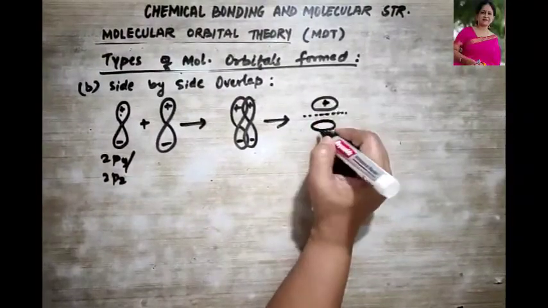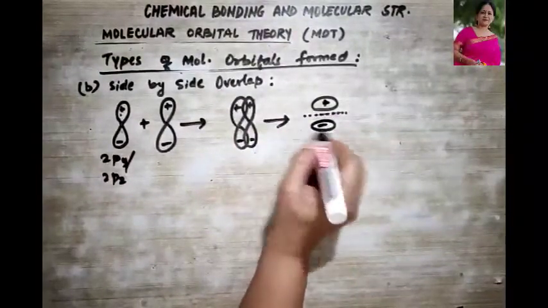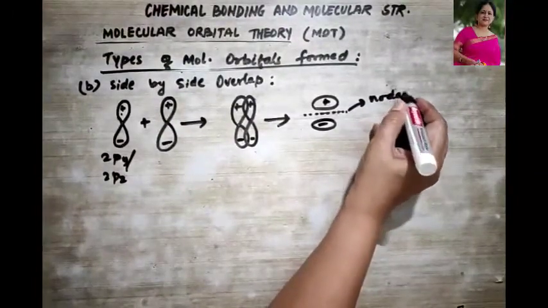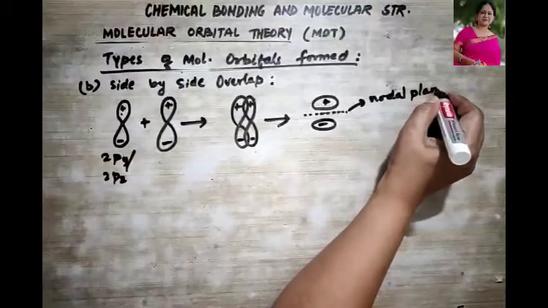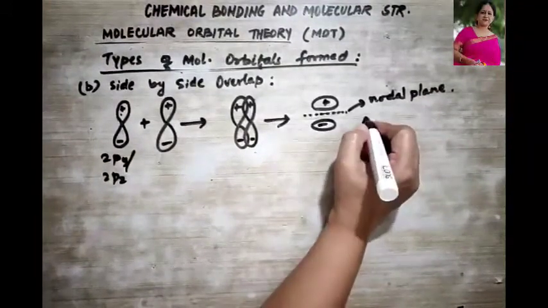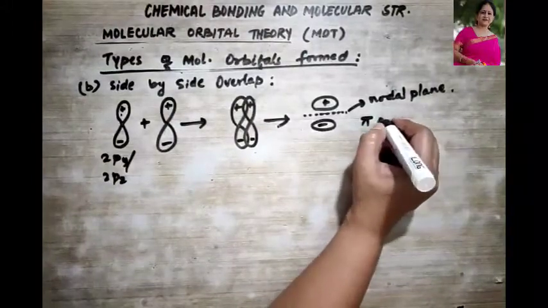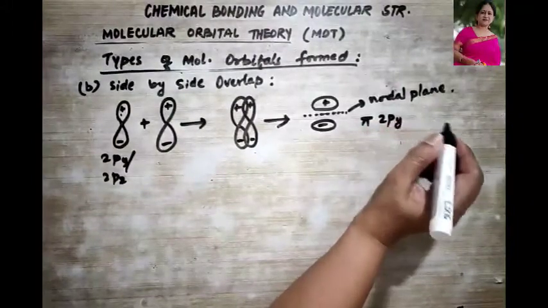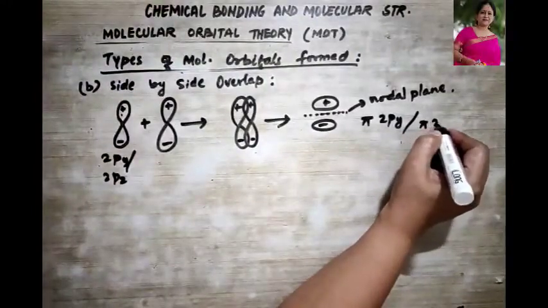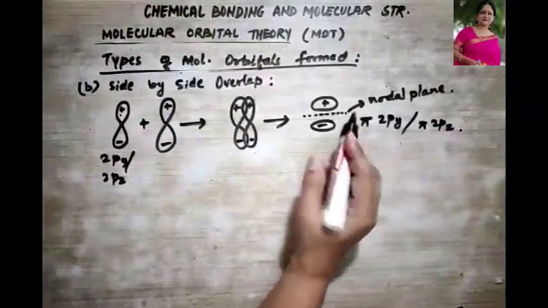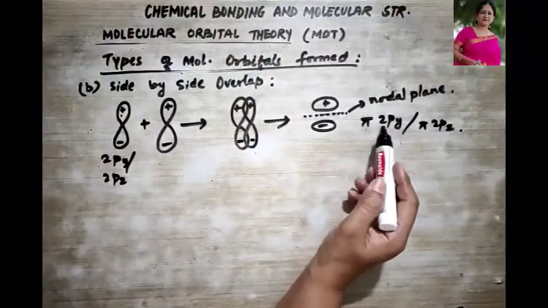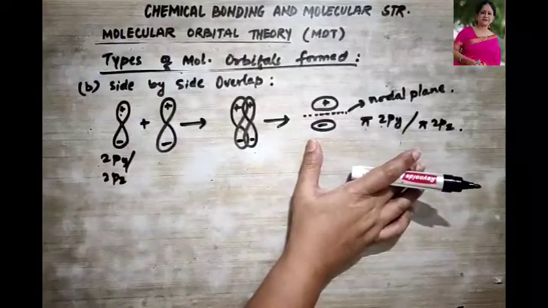This is positive, this one is positive, this one is negative. And what is this? This is your nodal plane. Okay, and they thus form what? Pi 2py, you can say, if we are taking 2py, or pi 2pz. So this is your bonding pi 2py molecular orbital.